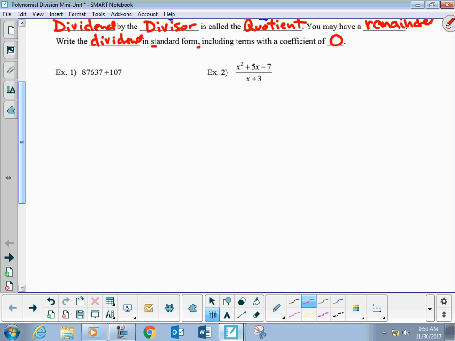And now we're back. Now, in example 2, you see a polynomial in the numerator. You see a polynomial in the denominator. I'm going to start by setting the problem up the same way we just did. It's going to be x plus 3 on the outside and x squared plus 5x minus 7 on the inside.